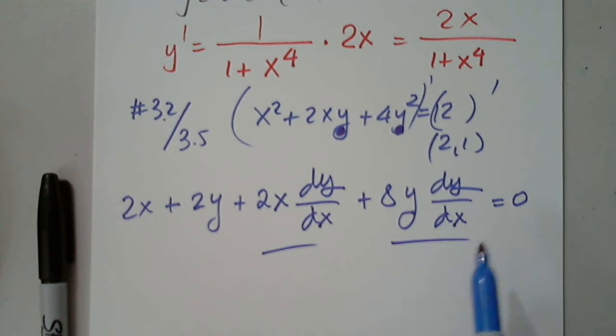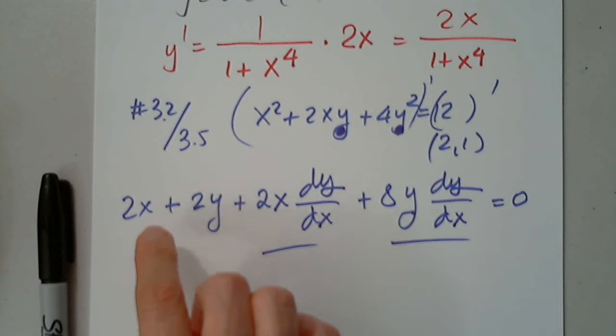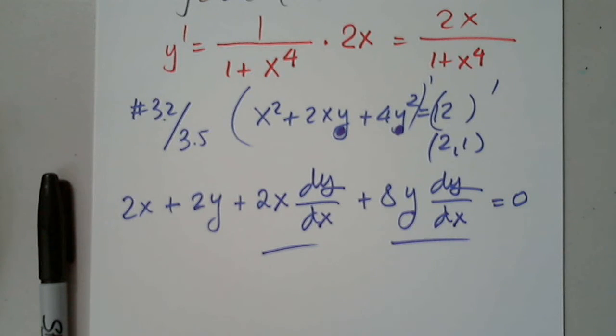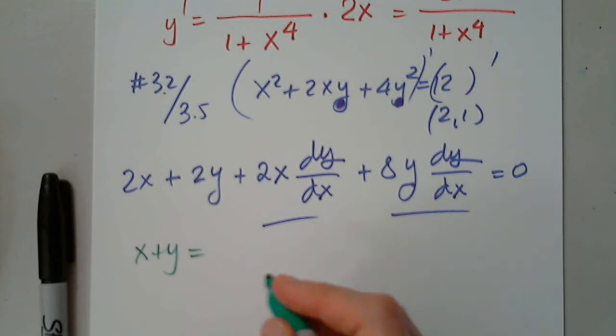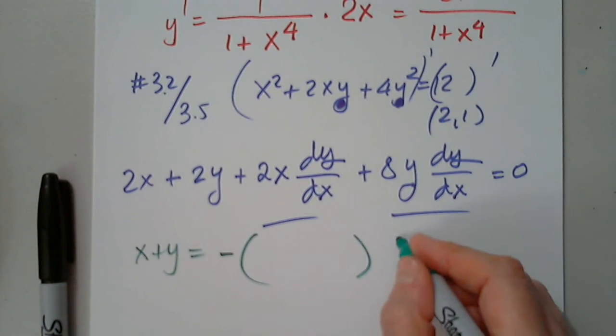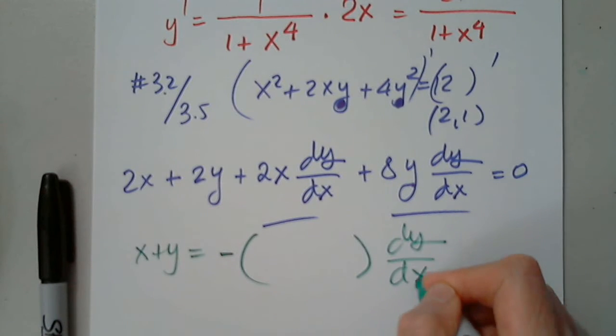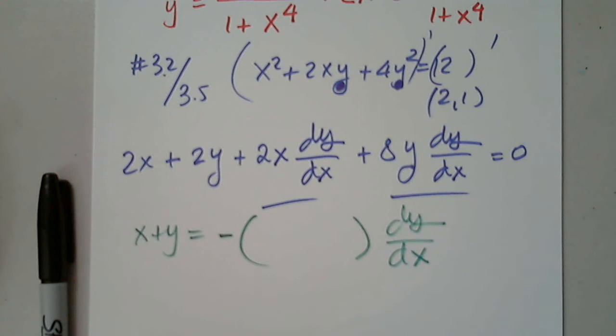Remember, these terms have to be on one side and these on the other. Luckily, everything is divisible by 2. So I'm going to write x plus y on this side. And on this side, both will be negative, and I will factor out dy over dx.